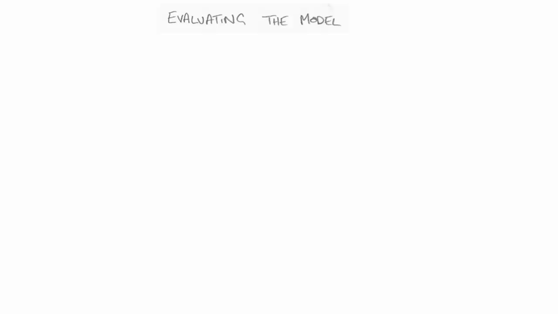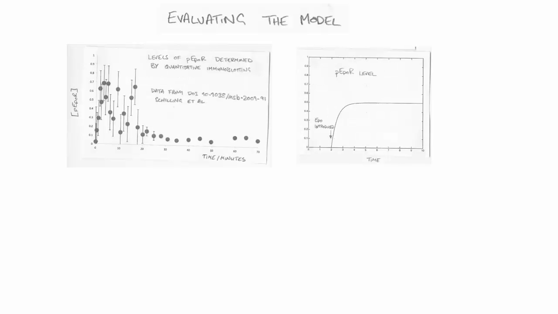Okay, so what I'm going to do now is just evaluate that model and try and think of what the next step is. How can we modify it to better match the results? I'm just thinking qualitatively, like how has the behavior of my model matched the behavior of the experimental data.